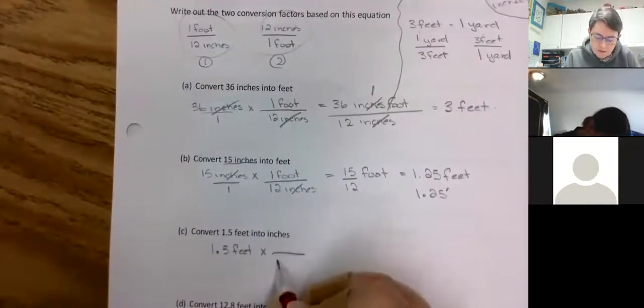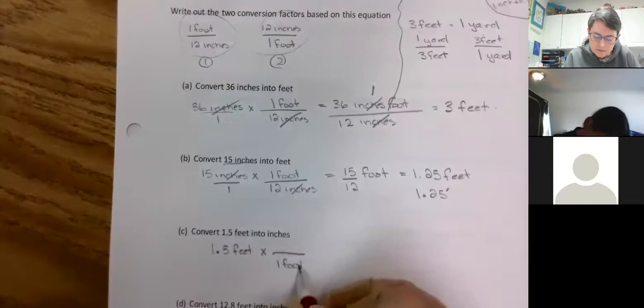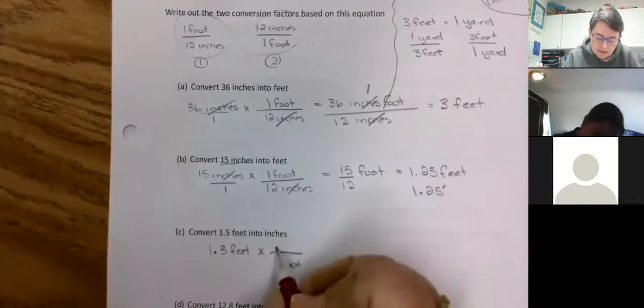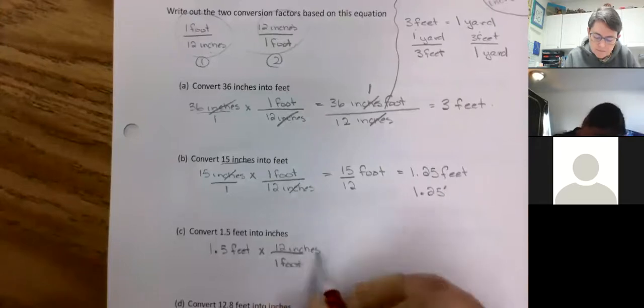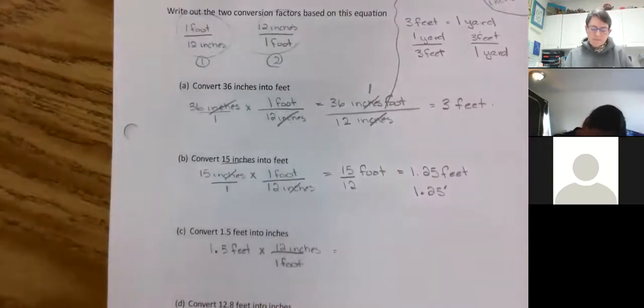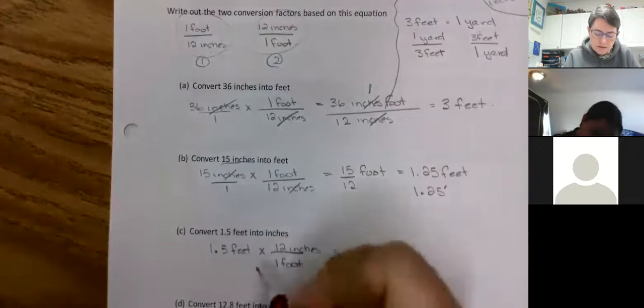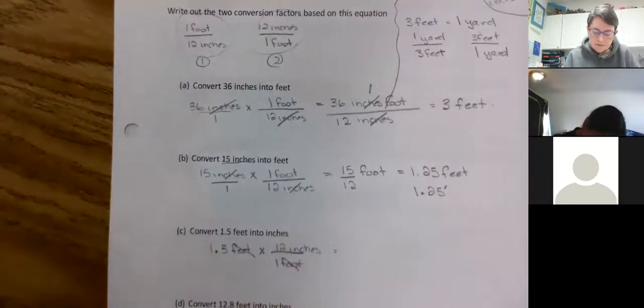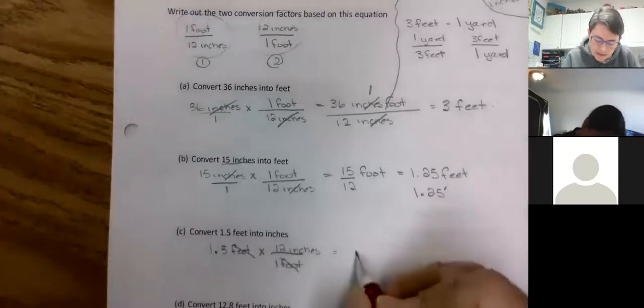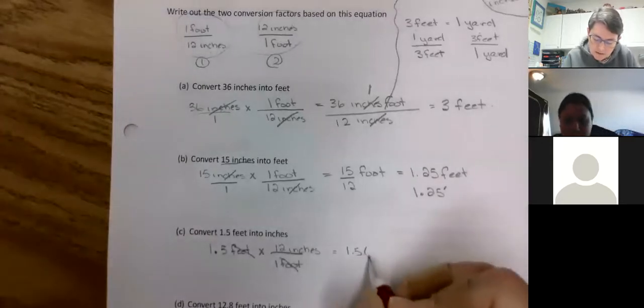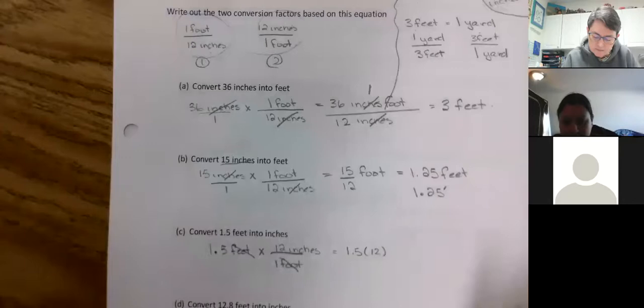So let's use number 2. So 1 foot and 12 inches. So then my feet disappear. And then I just have to go 1.5 times 12.